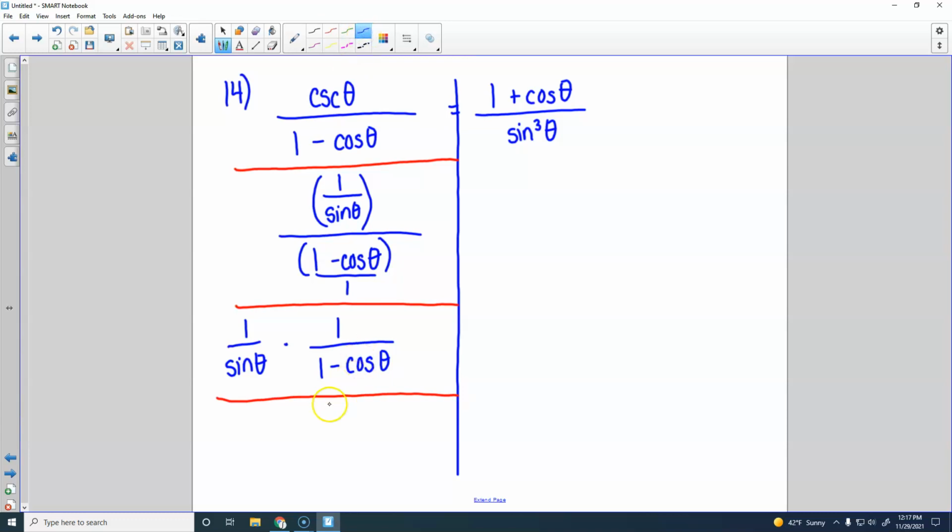Now if I multiply it together, 1 times 1 is just 1. In the bottom, I'm just going to have to write it like this, sine theta times 1 minus cosine theta.